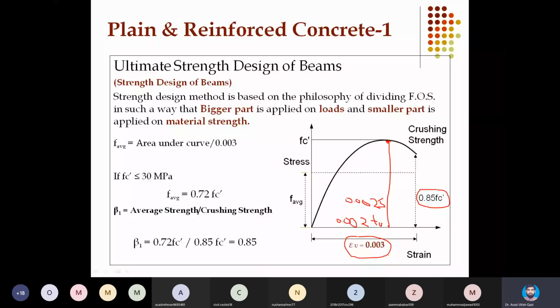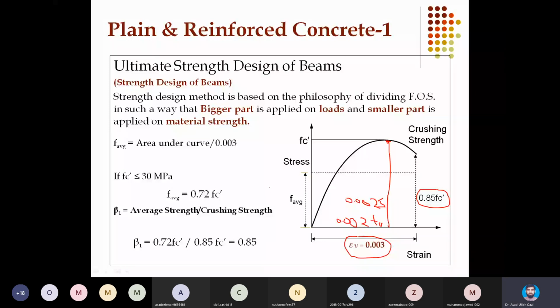Now in ultimate strain design, we want to calculate the resultant compressive force C. We know the stress strain relationship of the concrete. So the first step is to calculate the area under the curve, and then that area multiplied with the cross-sectional area on which it is present gives me the resultant compressive force C. Since the stress strain curve is parabolic, we need to do integration.